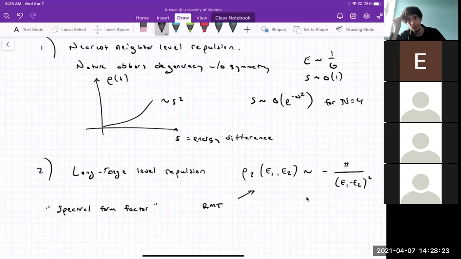And those are exponentially unlikely. So the thing that seems to be more visible in gravity is long range repulsion, rather than imagining that there's some accident in the spectrum where the nearest neighbors are well separated. Okay, thanks.